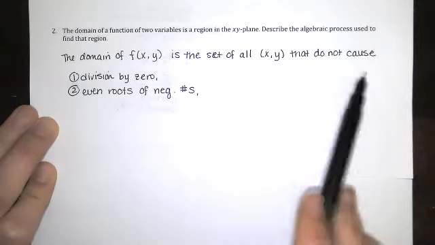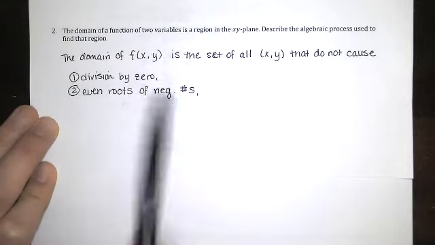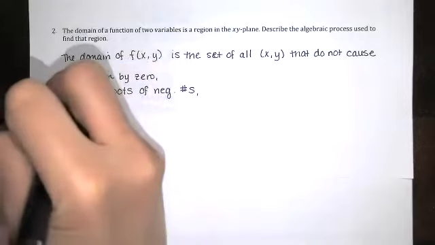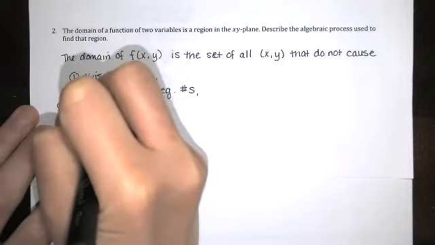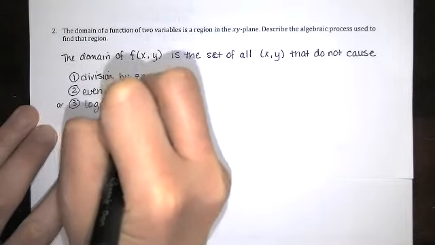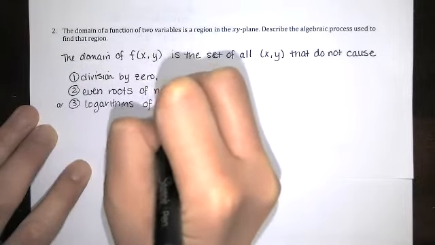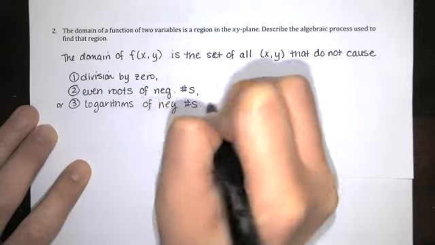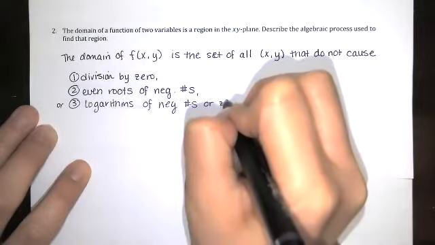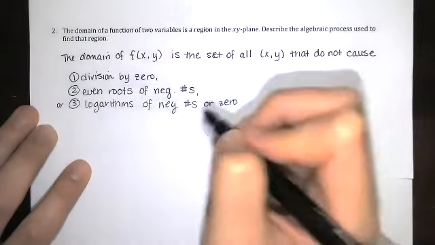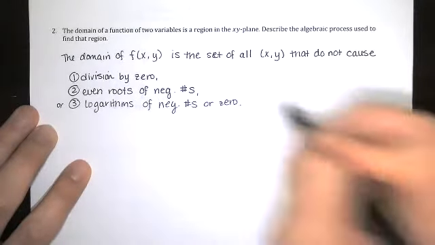So the domain is a set of all xy that do not cause division by 0, even roots of negative numbers, or logarithms of negative numbers, or 0. Turns out you actually can take the log of a negative number, but not in this class. Again, it's going to be a complex number.